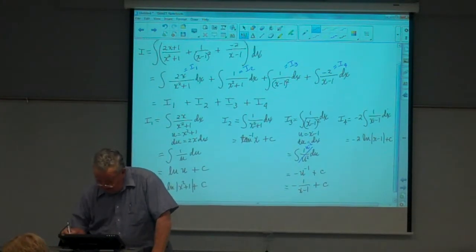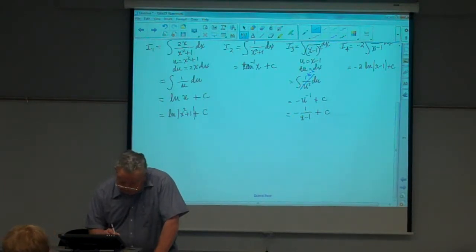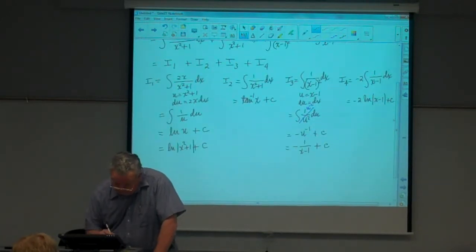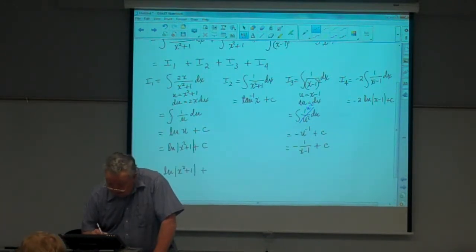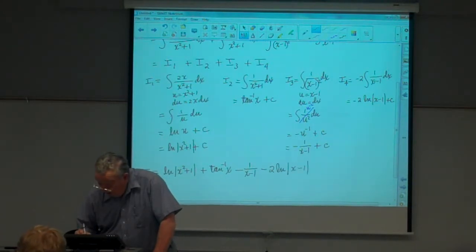So I is equal to log x squared plus 1 plus inverse tangent x minus 1 over x minus 1 minus 2 log x minus 1 plus c.